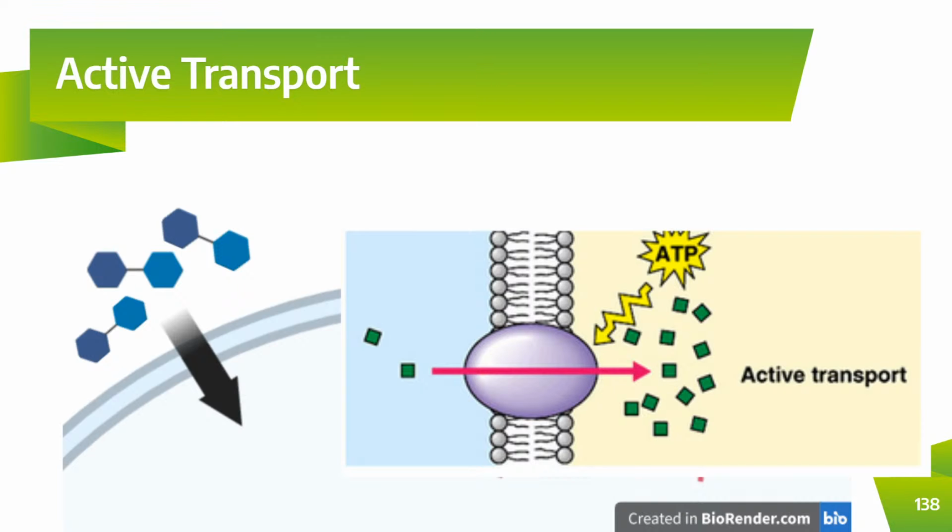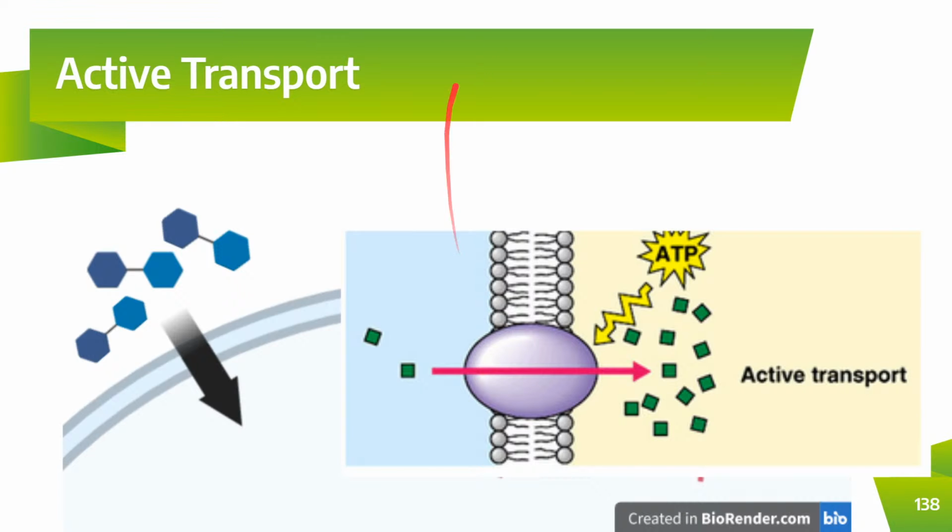So in this case, well, active means using energy. Energy in the cell is usually, like 90% of the time, ATP being used and split into ADP and P. And active transport is special because it can transport molecules against the gradient, right?